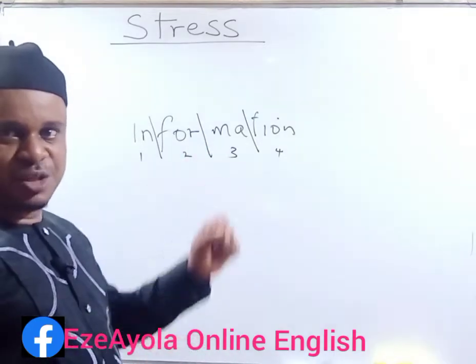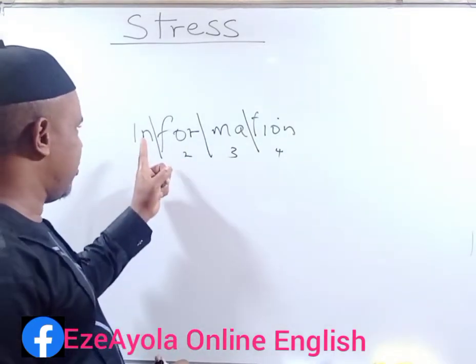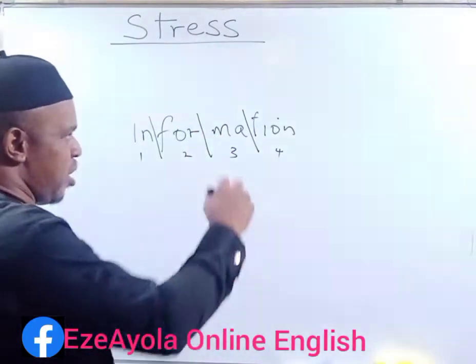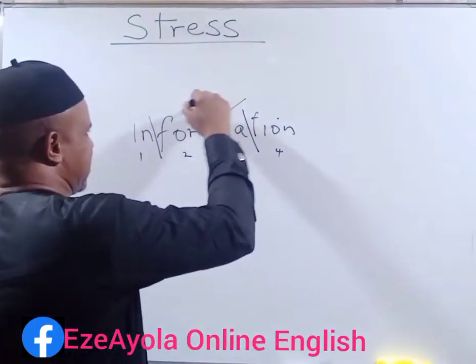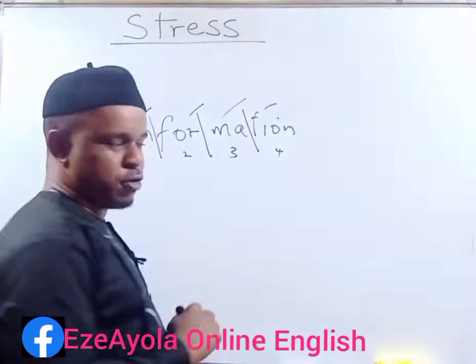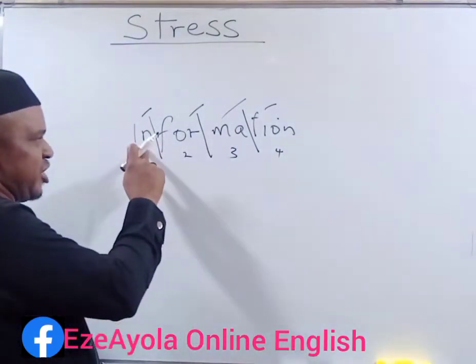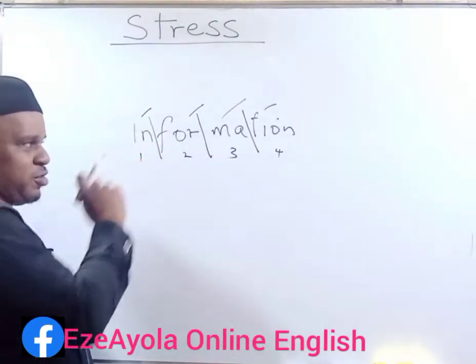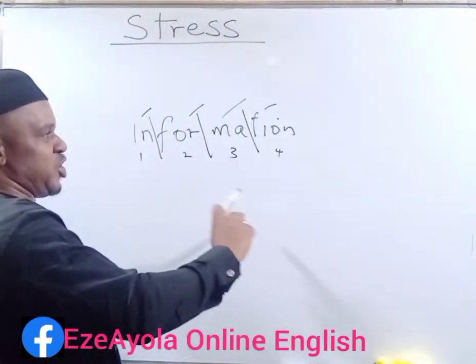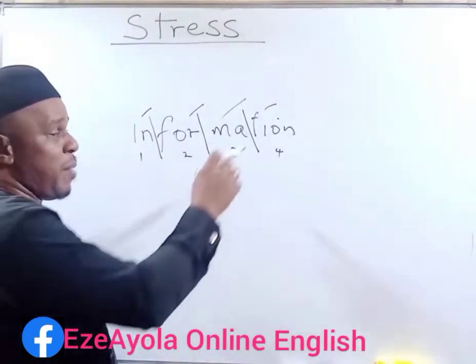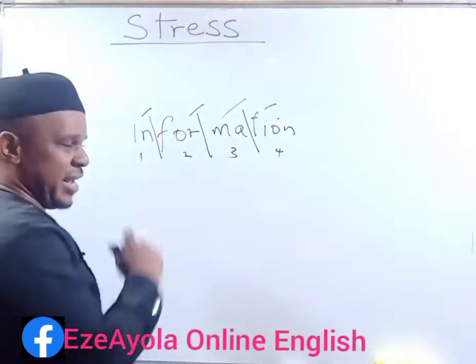But what you have to notice here is this: the different syllables that make up this particular word, all the syllables don't possess the same degree of force. They don't have the same energy. The energy that is applied as we pronounce this cannot be the same as that energy that is exerted here, that is manifested here in the third syllable.